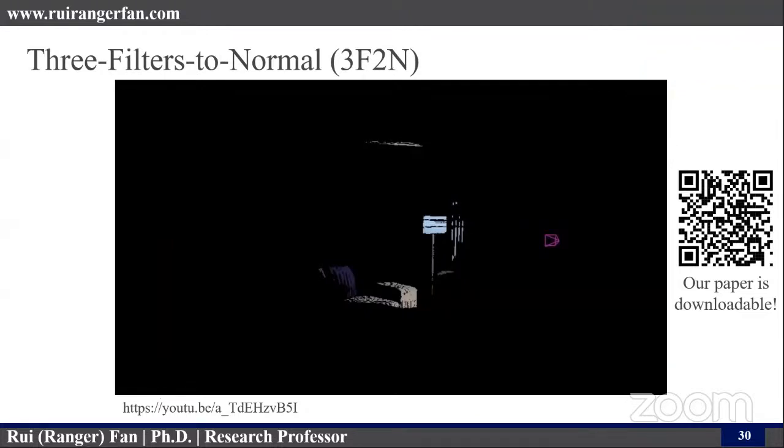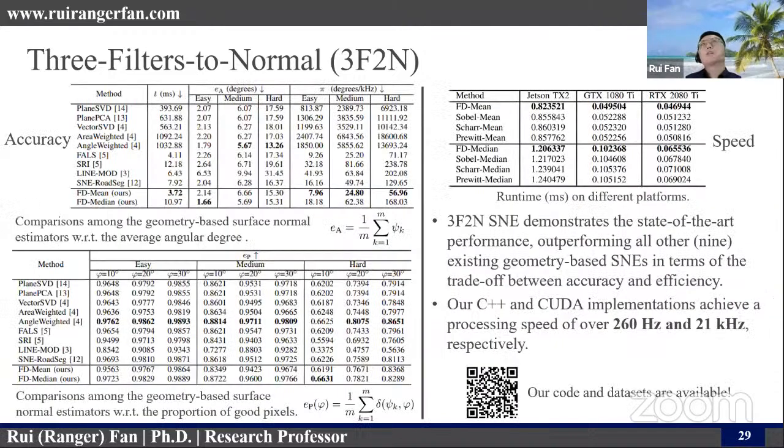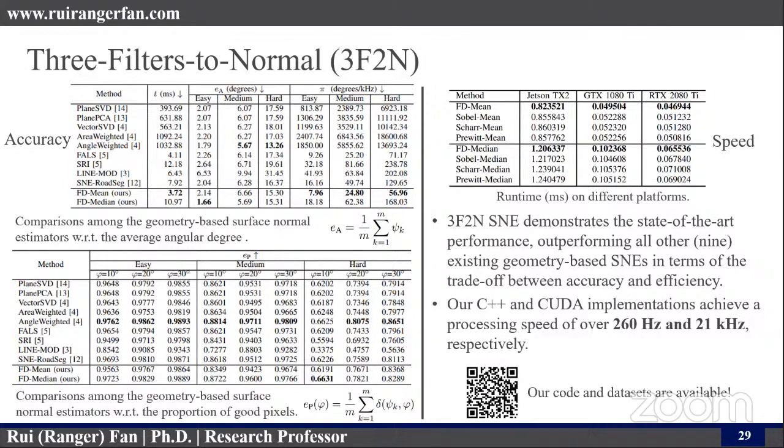First, I can go back. You can see, for C++ on an i7 CPU, it's like 230 hertz, and for CUDA it can be like 21 kilohertz. So it's very fast. It can be ignored. Yeah, that's real time. I think it's faster than real time. Typically real time should be like 40 frames per second, right?